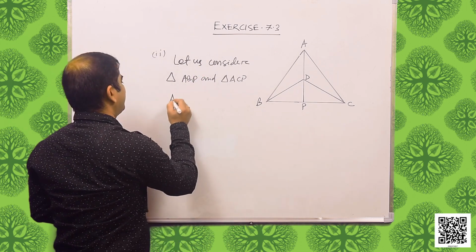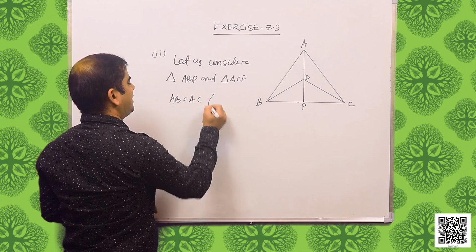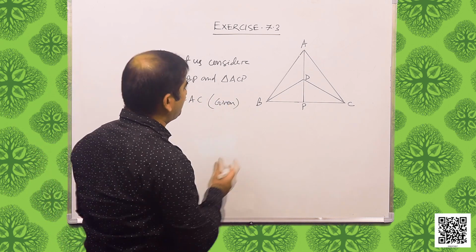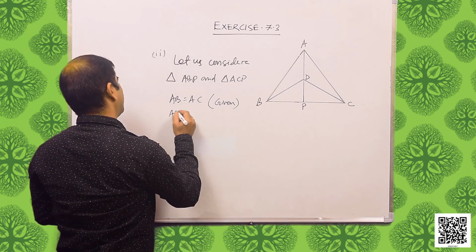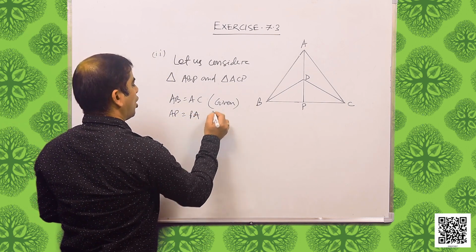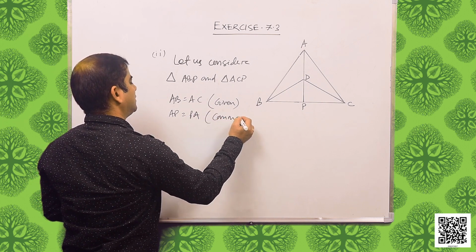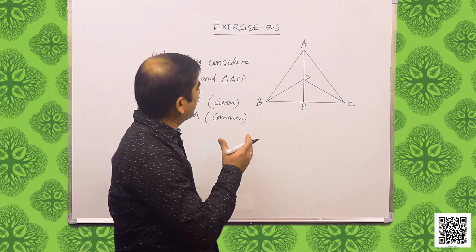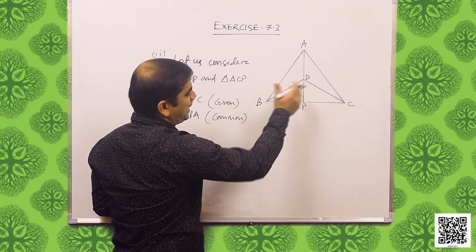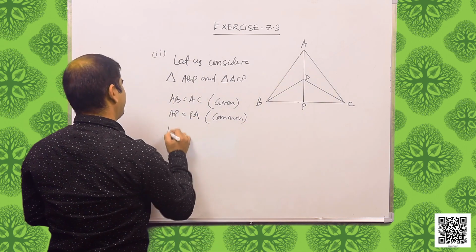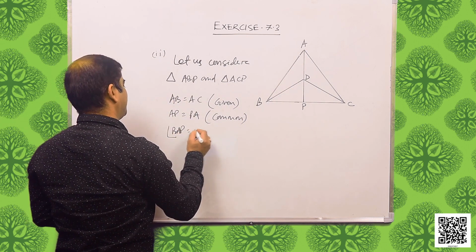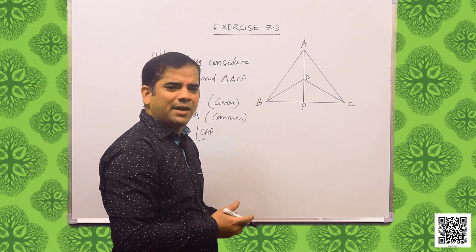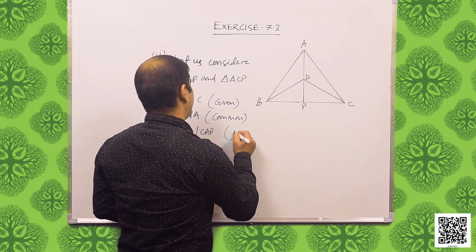AB is equal to AC, it is given. Then AP is equal to PA, those are common sides. And angle BAP is equal to angle CAP. Why? It is already proved.